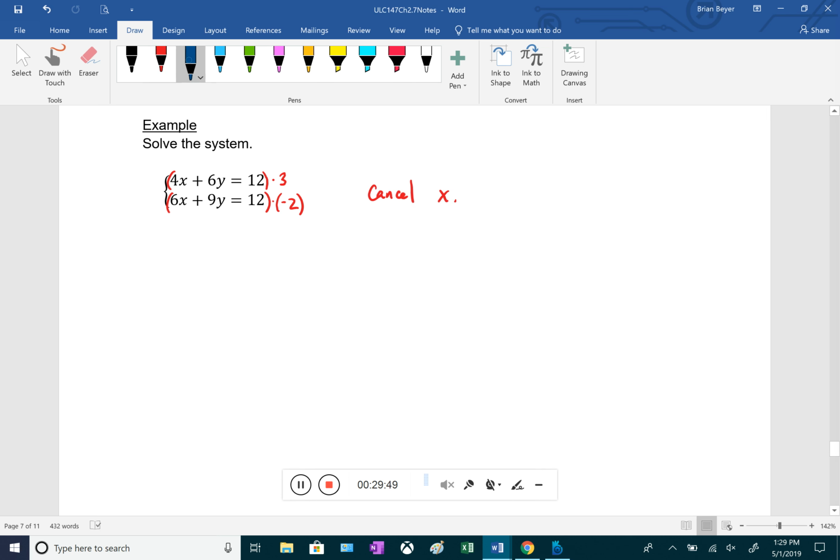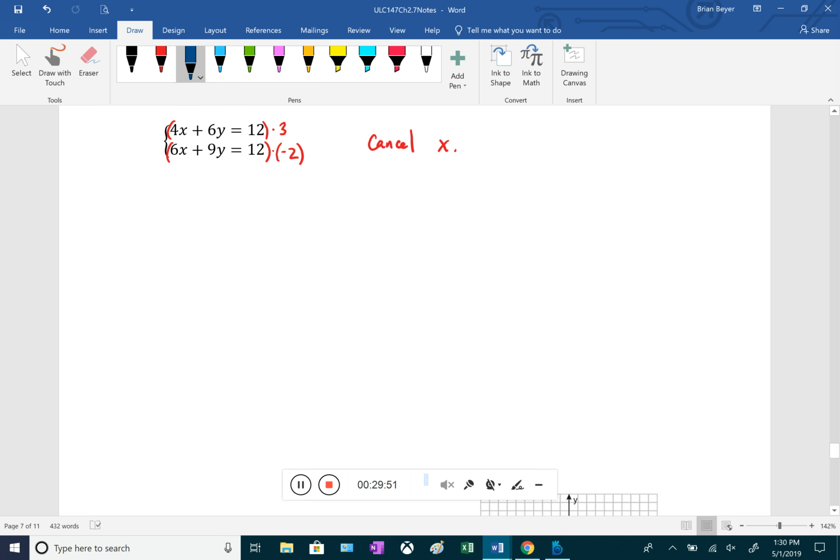So our new equivalent equations: multiply the first one by 3, and we get 12x plus 18y equals 36. Multiply the second one by -2, that's -12x minus 18y equals -24.